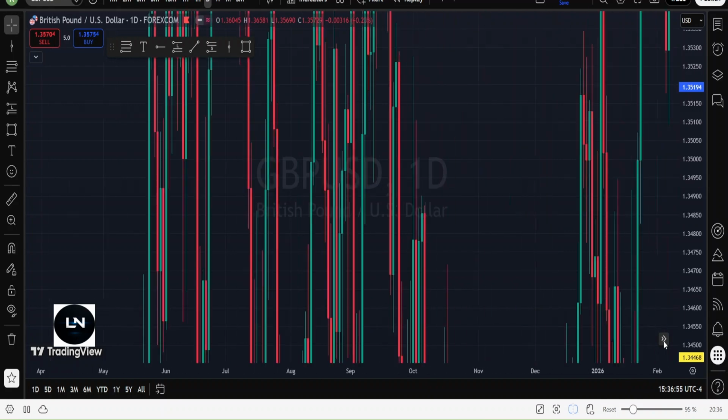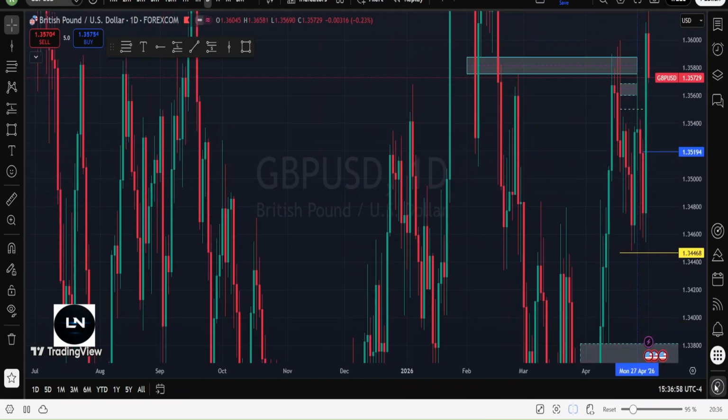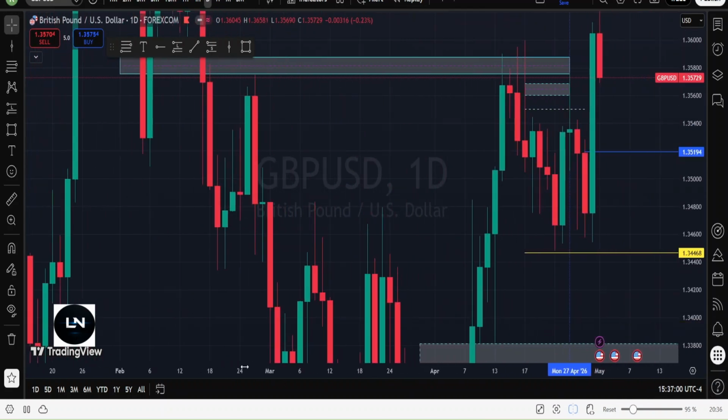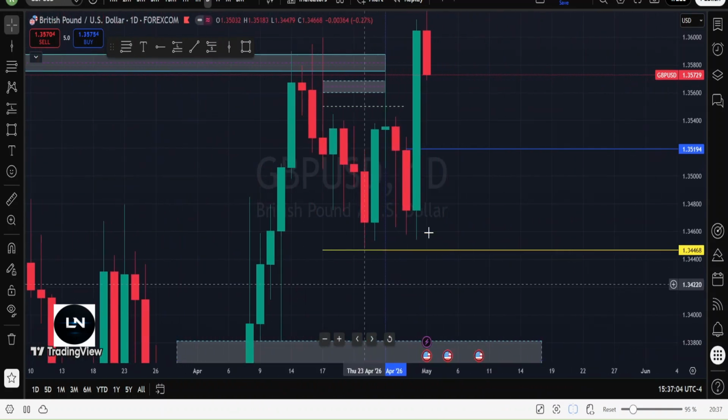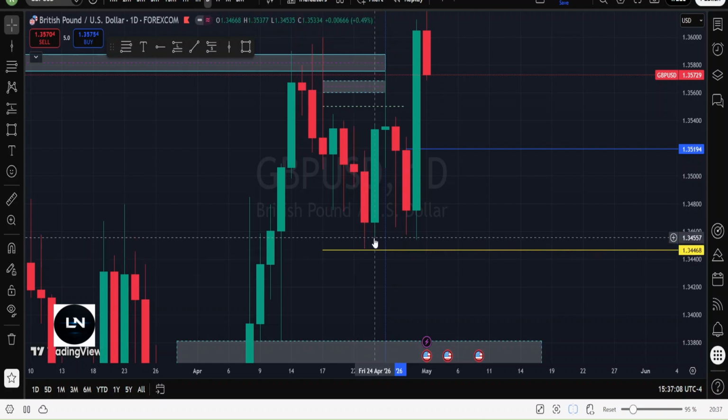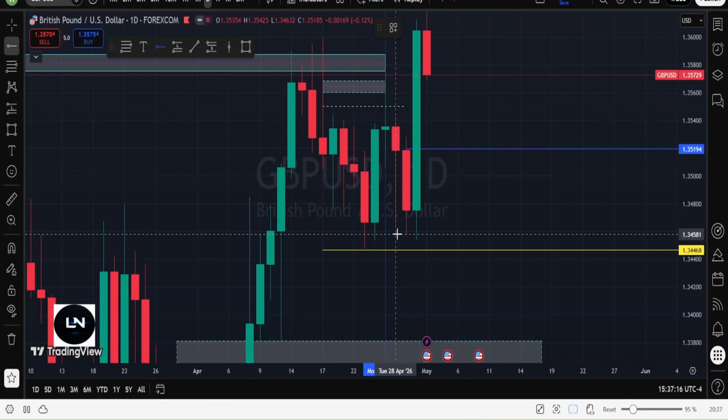So if we move to the daily time frame, which we mapped out, we wanted to see price getting into this level, which was the previous low, the previous time low or all time low. Price only took out the low it created on Wednesday before rallying up.